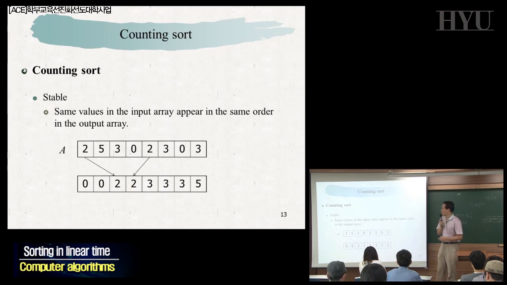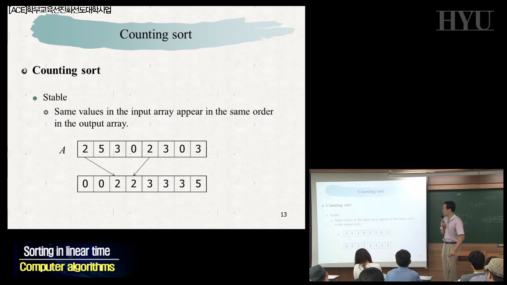Usually, counting sort satisfies stability. The definition of stability is like this. In the input array, there can be same elements. For example, 2 appears twice, and 3 appears 3 times.